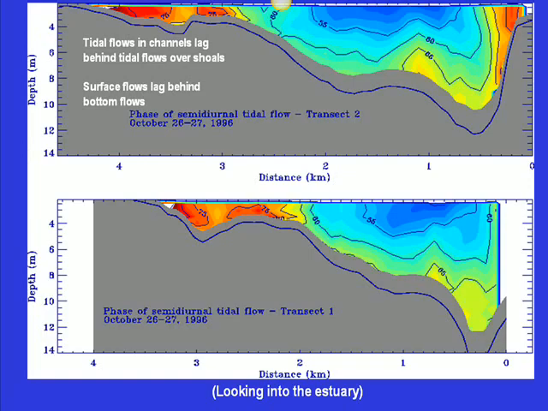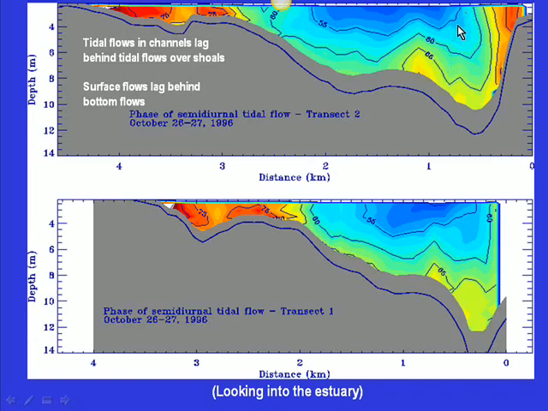So you can see the very large gradients. Notice here in this very short distance, in less than 1 kilometer, these isotachs are 5 degrees apart, so we have 55, 50, 45, 40, 35, 30. 30 to 55 is 25 degrees.